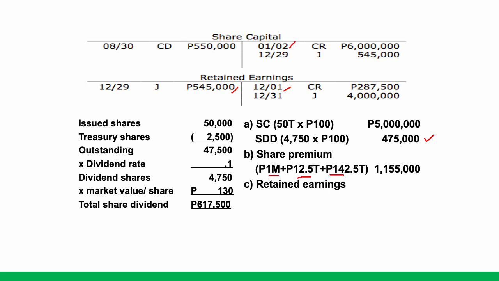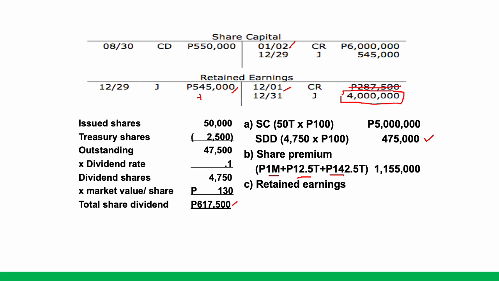Next, letter C, retained earnings naman. So, refer to our adjustments also. So, we have 4 million without adjustment. So, as is na to. Then, ito na-cancel to, di ba? So, wala tong 287,500. And ito na-adjust, plus 72,500 earlier, right? So, to make it 617,500.